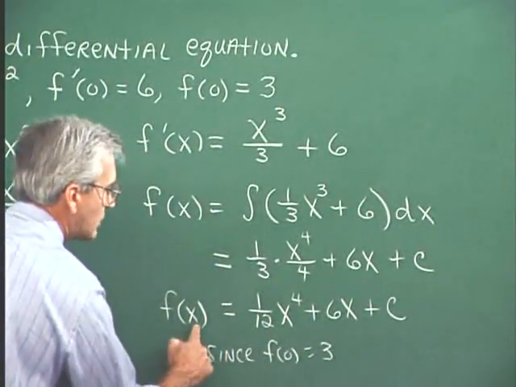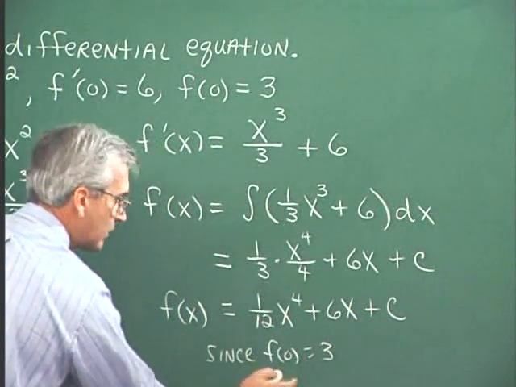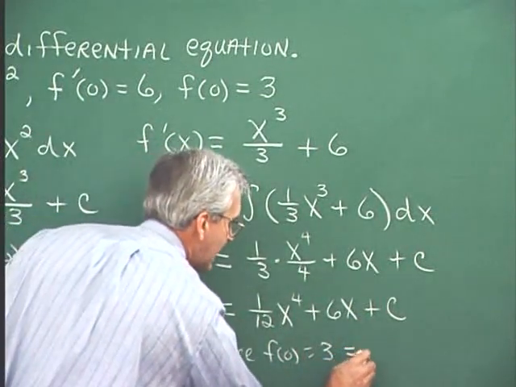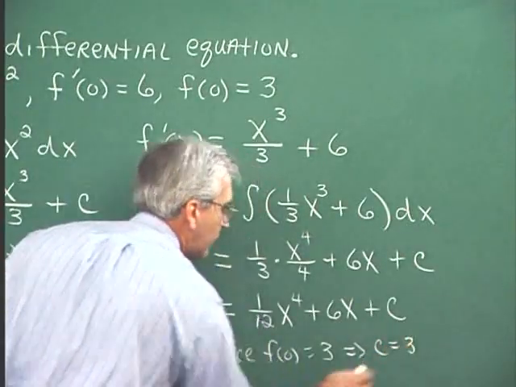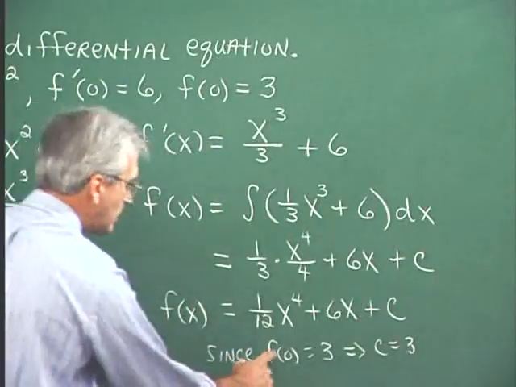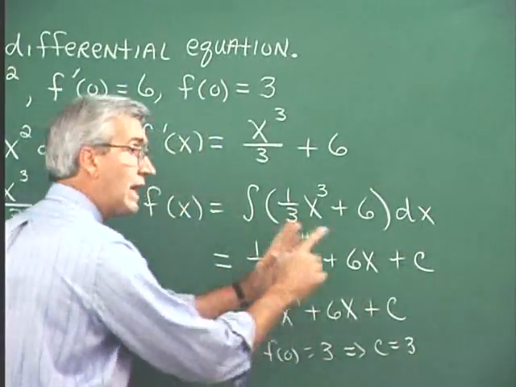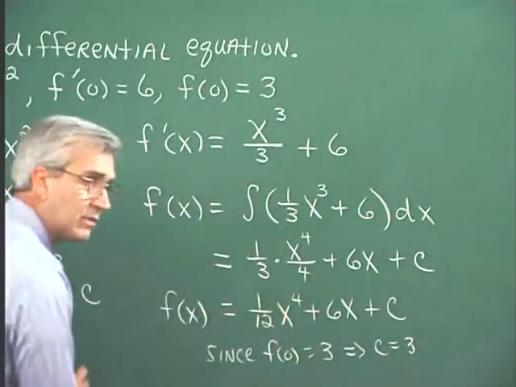So if y is 3 when x is 0, then c is going to be 3. So this implies that c equals 3 because of the nature of our function. Now, just because f of 0 is 3 in all cases doesn't imply that c is going to be 3. It does in this case because of the nature of the function.